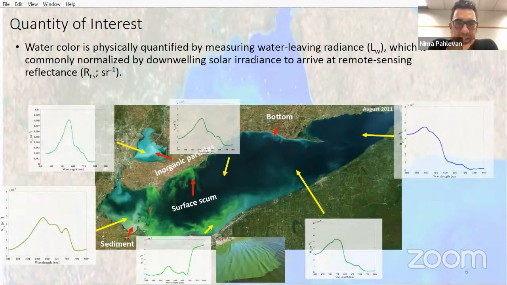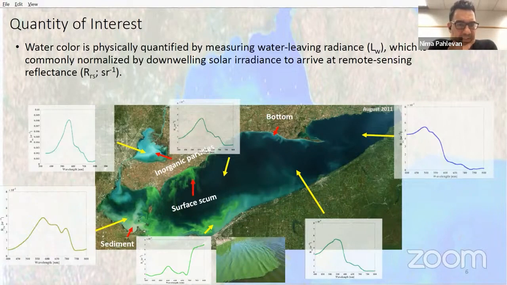It basically contains information about near-surface concentration of constituents like chlorophyll A, total suspended solids, etc. This is Lake Erie, captured by Aqua MODIS, one of NASA's satellites.